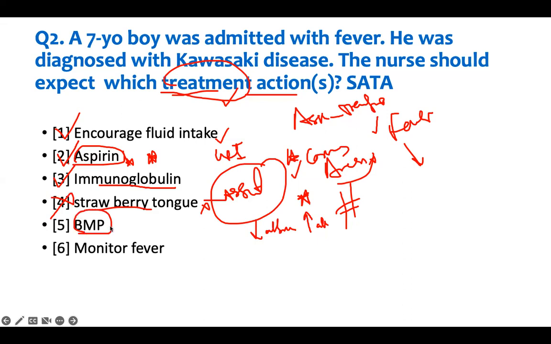BMP, think about it. You know your underlying problem. You always go back to your rewrite and your buzzwords. Your rewrite gives you the content. We know that the kid has low albumin. If I'm doing treatment, I need to check how low the albumin is. BMP will give you the albumin level of the patient, in terms of their protein, basically. It depends on which hospital you are in.